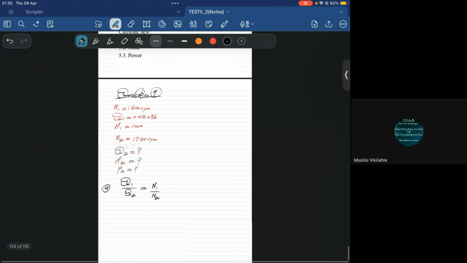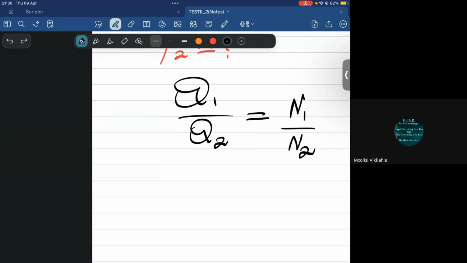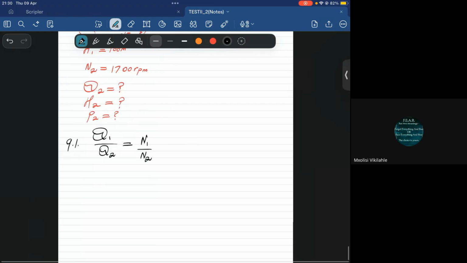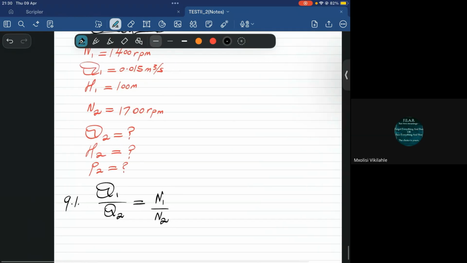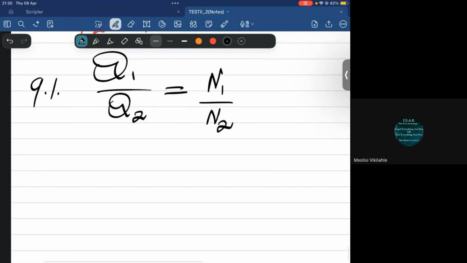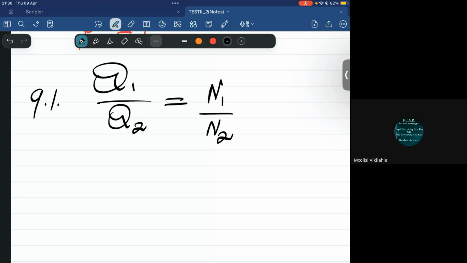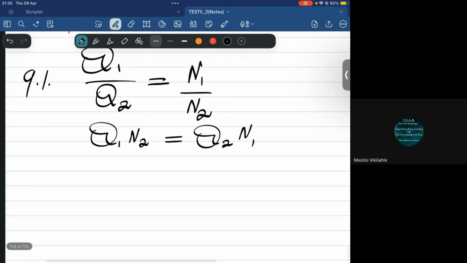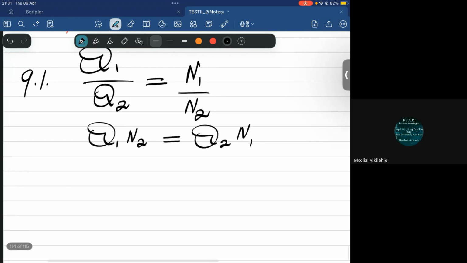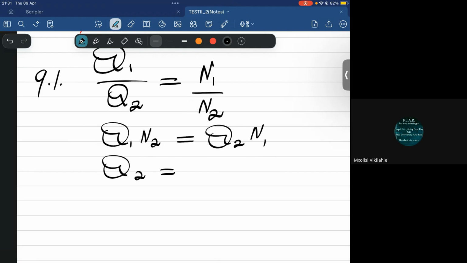This is question 9.1. Because we're looking for Q2, the new discharge, we'll cross multiply: Q1 N2 is equal to Q2 N1. Dividing both sides by N1, Q2 is equal to Q1 times N2 divided by N1.